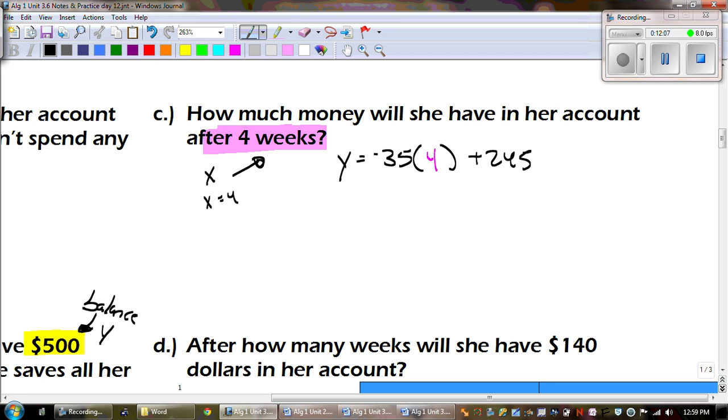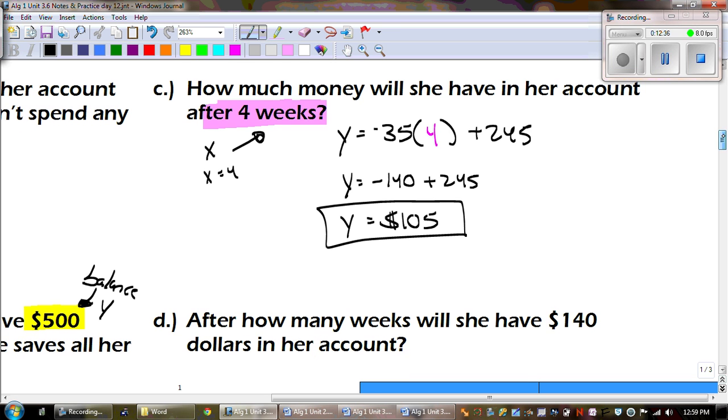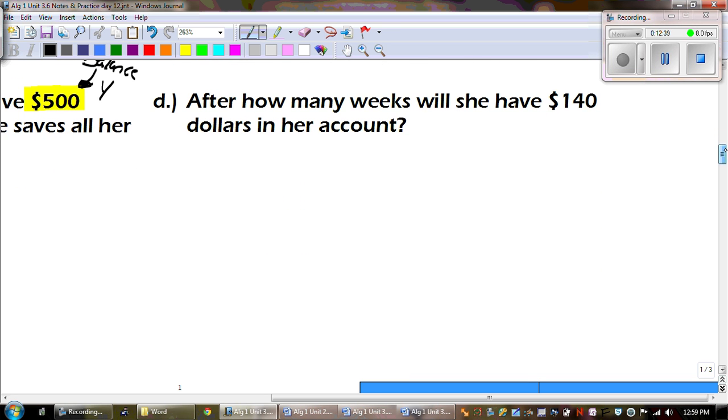Okay, go ahead and pause the video and tell me what the answer is. Okay, you should have gotten that y equals negative 140 plus 245, and when you combine those, you should get that $105 is your answer. So after 4 weeks, she has $105 left in that account, or money left over from her birthday.